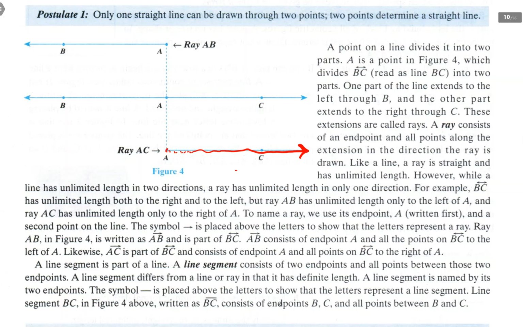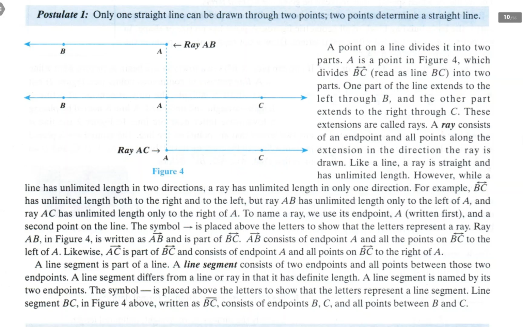So basically, this ray AC is a series of dots that extend along the ray without stopping forever. Okay, it does not stop. It doesn't have an endpoint. It has a beginning point, but it doesn't have an endpoint.